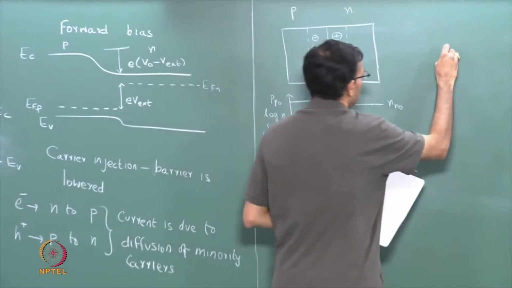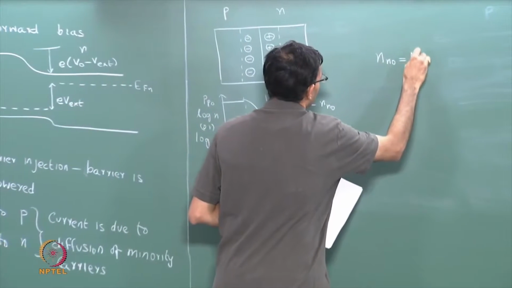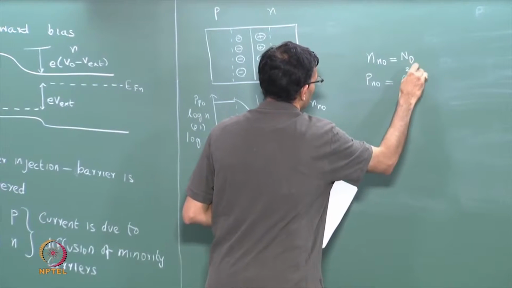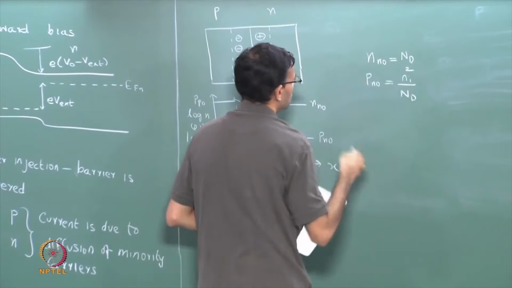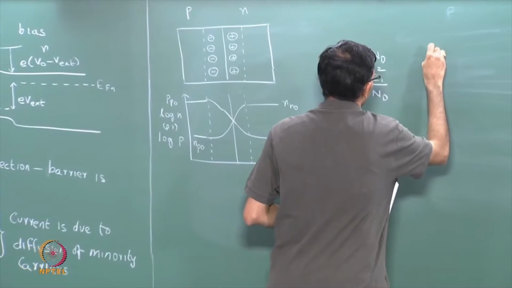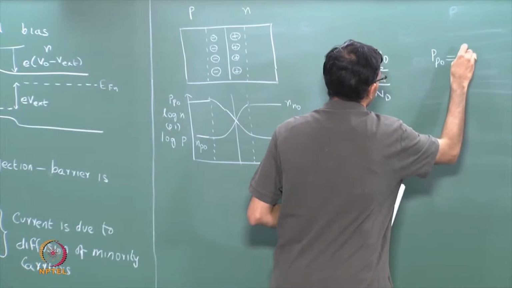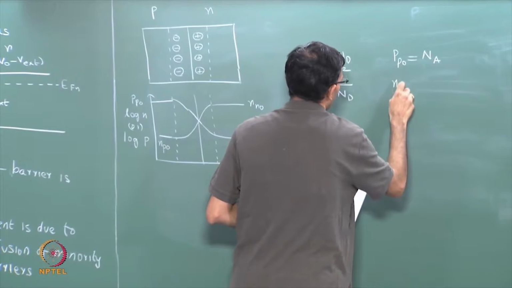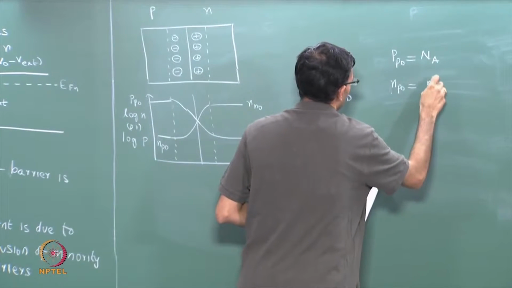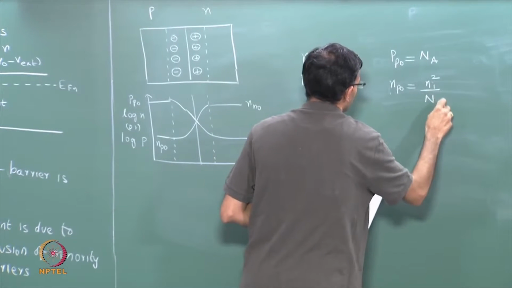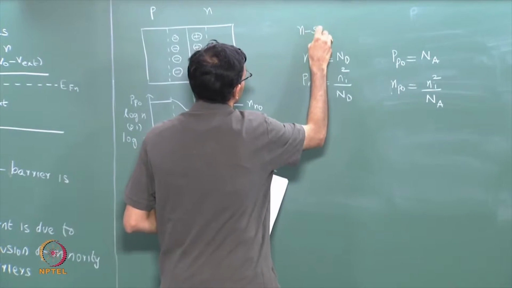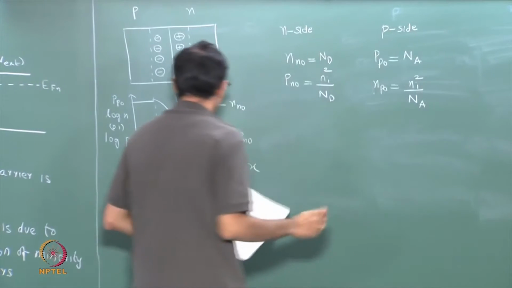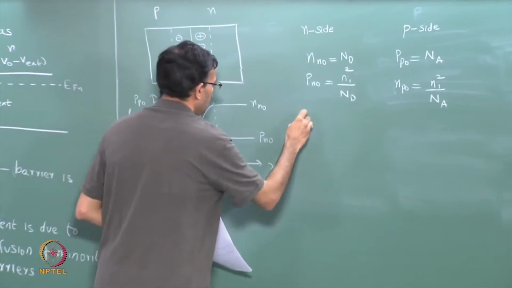In last class we saw that n naught was N D, p n naught is nothing but n i square over N D, p naught, which is the p side, N A, and n p naught is n i square over N A. So this is my n side, that is my p side. So this is in the case of equilibrium.